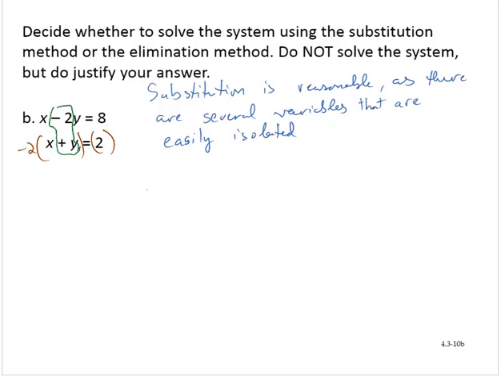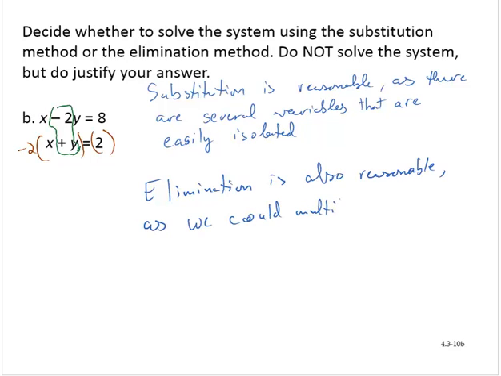So elimination is also reasonable, as we could multiply the second equation by, not negative 2, by 2.